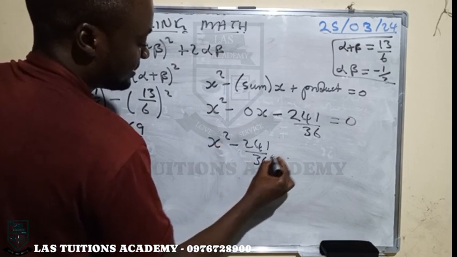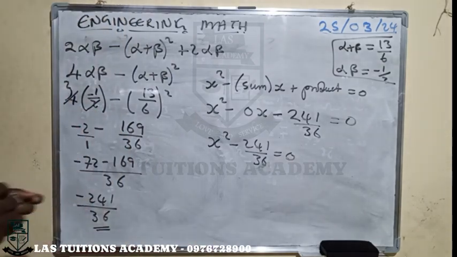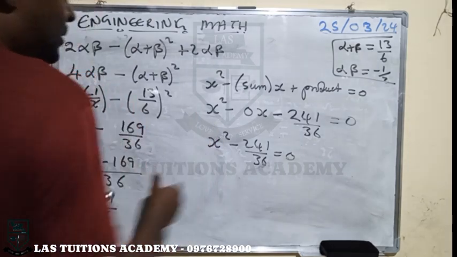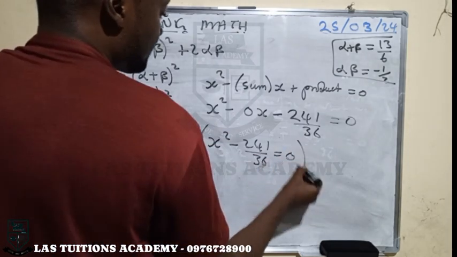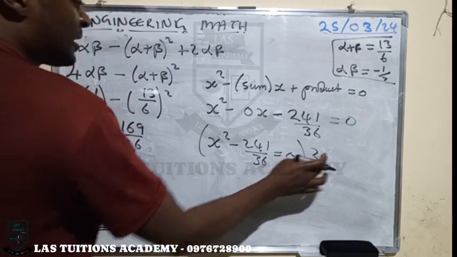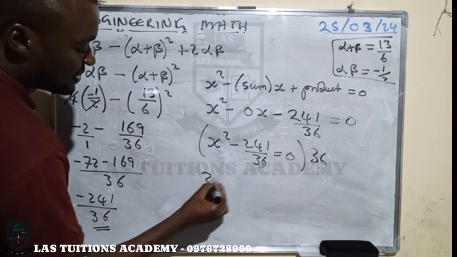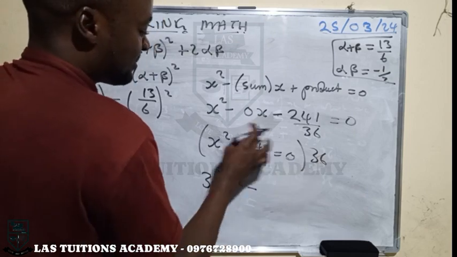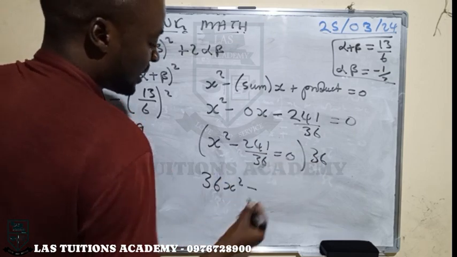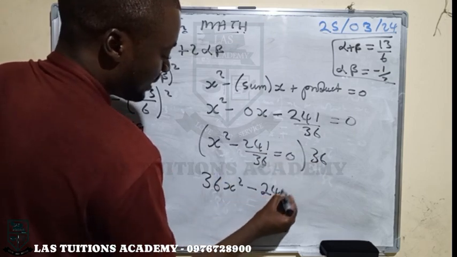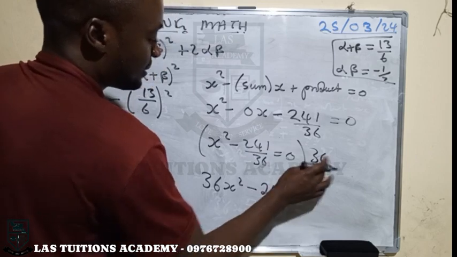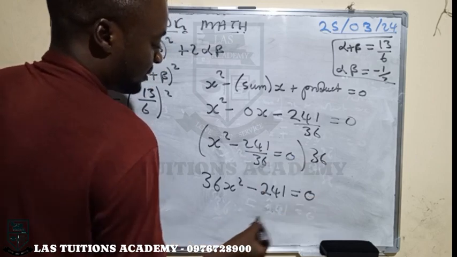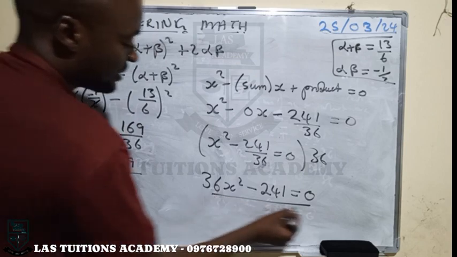Now we can decide at that point to multiply through by 36 everywhere. 36 times x squared gives us 36 x squared minus 36 times this, the 36s cancel, so we have 241, is equal to 36 times 0, which is 0. So this becomes our new equation.